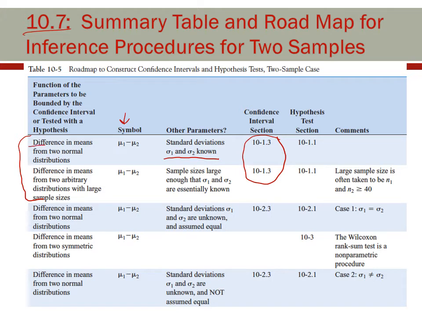We're studying the difference in means from two normal distributions. They're independent distributions, and we're studying mu1 minus mu2. The first case is when the variances are known. The second case is when we have really large sample sizes and the variances are essentially known. We'll really be just studying this first one.